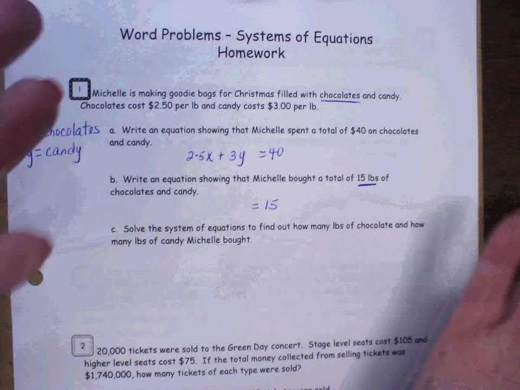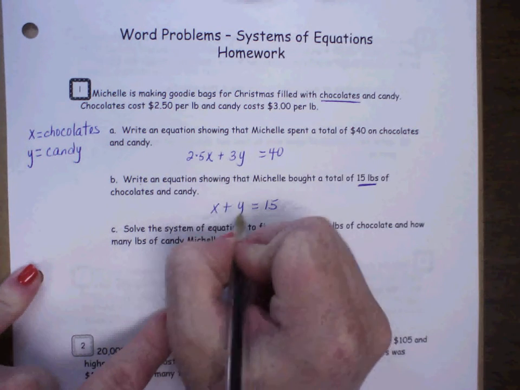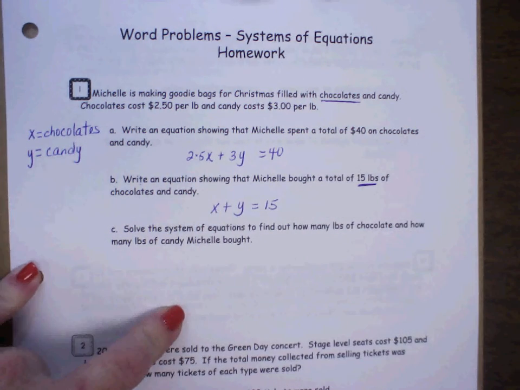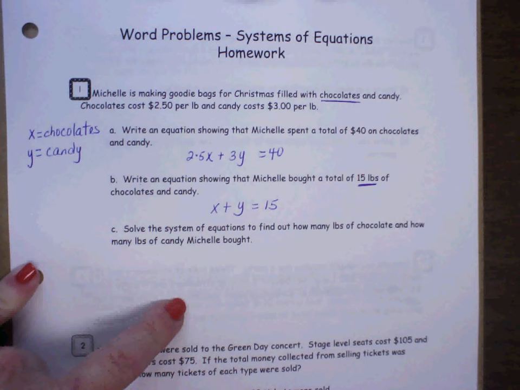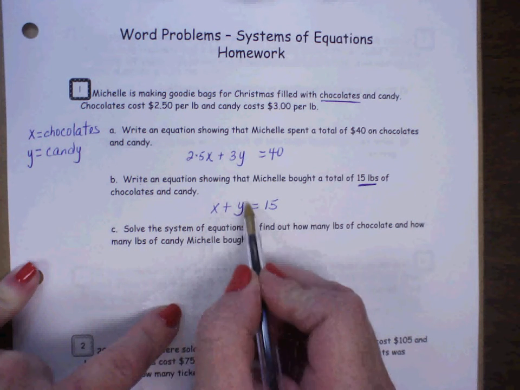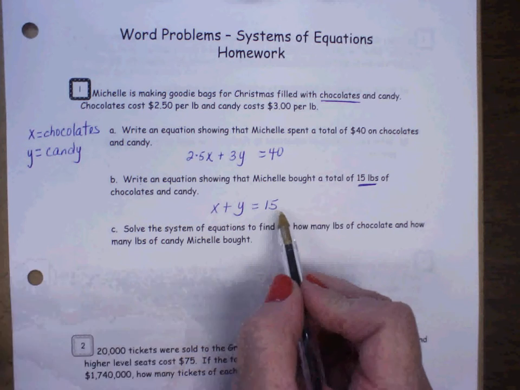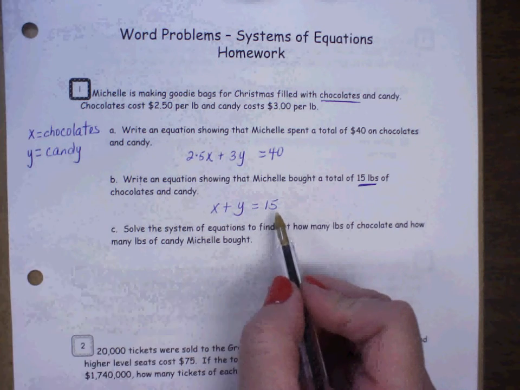Just X? Thank you. I already told you that 99% of the time, one of the equations will be X plus Y. So that's however many pounds she bought from chocolate plus the pounds of candy need to be equal to 15 pounds because she bought a total of 15 pounds of chocolate and candy.